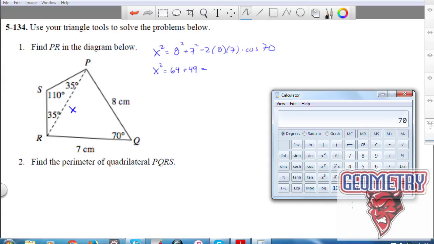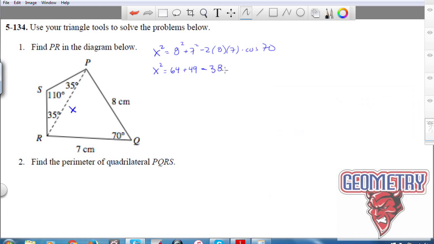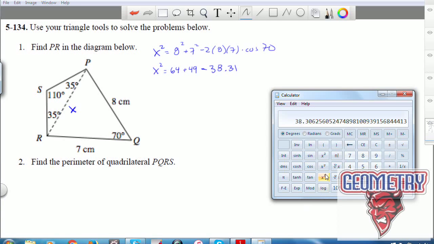So the cosine of 70 times 8 times 7 times 2, so minus 38.31, we'll say. Okay, so let's add all that stuff together.